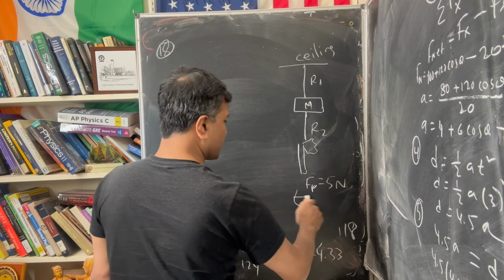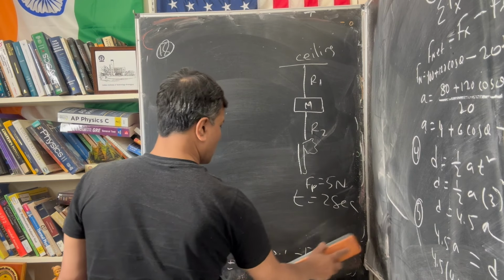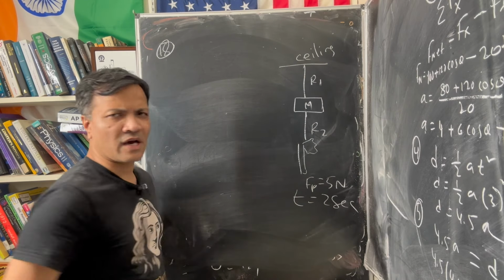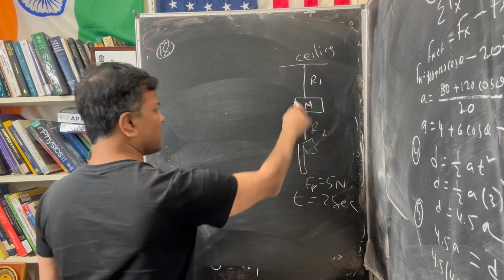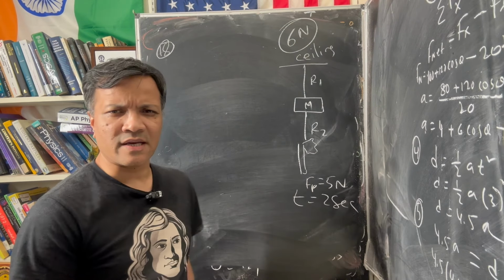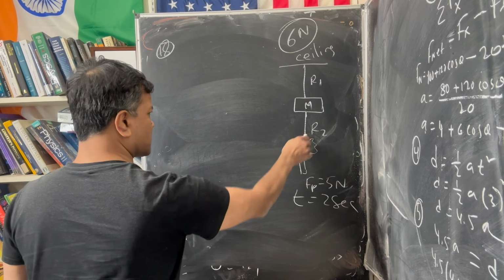It's spending forever. Spending forever means that rope 2 was able to communicate with the mass, and was able to communicate with rope 1, and the rope breaking point is 6 Newton. The question is, you're going to draw a free body diagram and find which rope will break. Very easy. Let's start with rope 2.